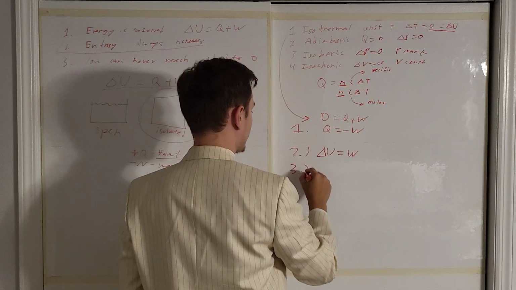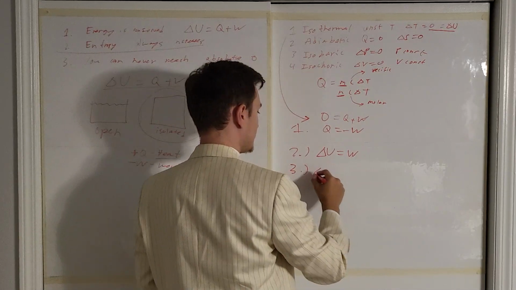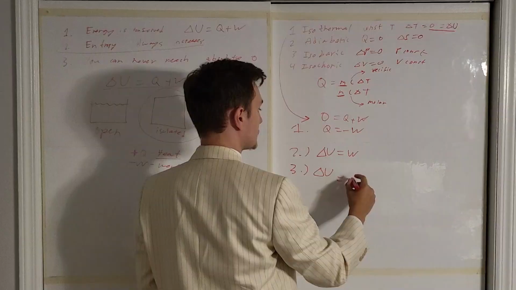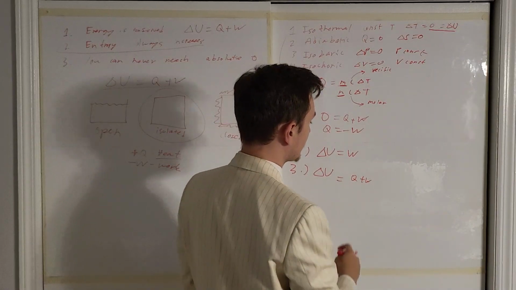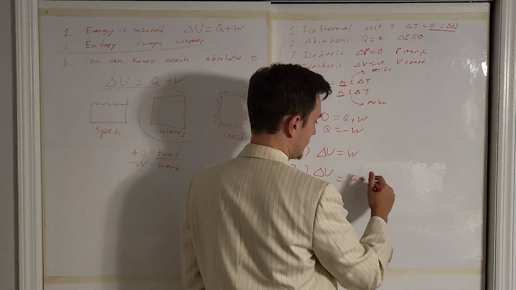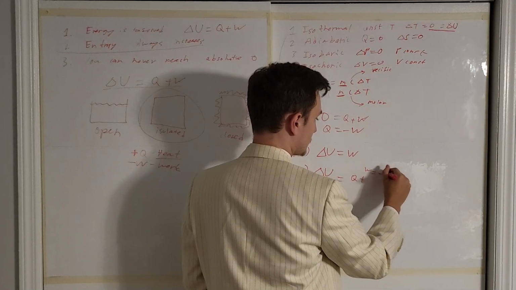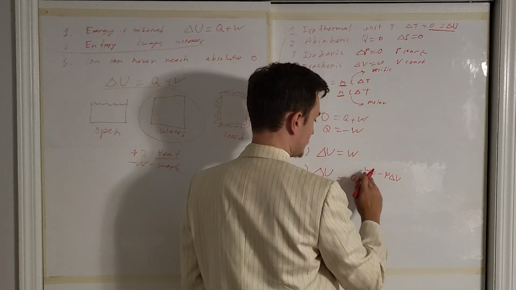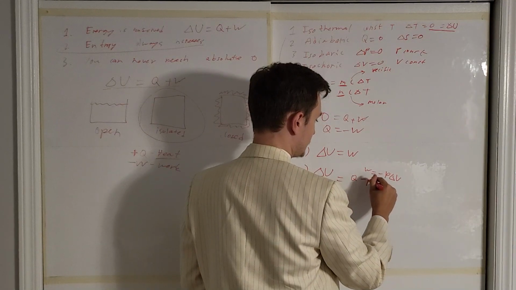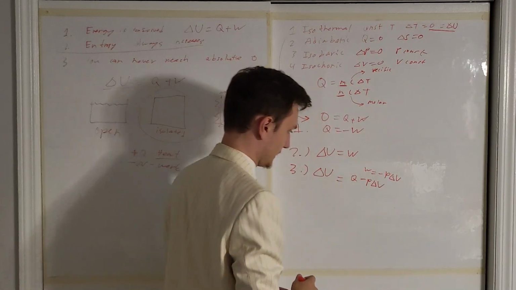For an isobaric process, what I'm going to say is delta U equals Q plus W, and I'm going to be able to substitute in an equation for W. I'm going to say work equals minus P times change in volume. So delta U equals Q minus P delta V. Okay?